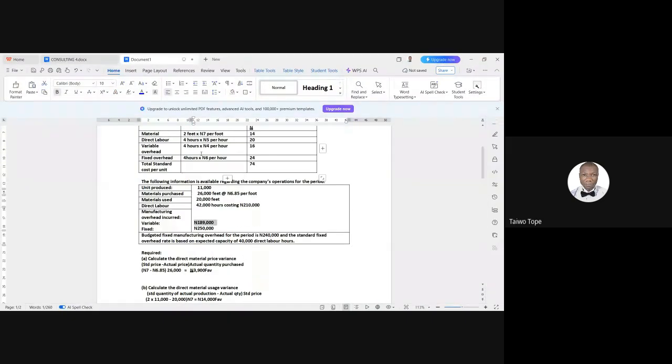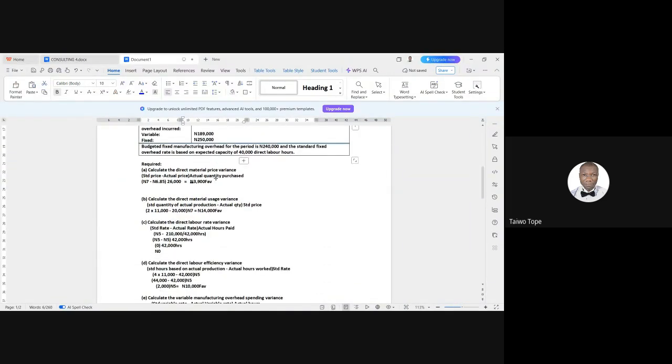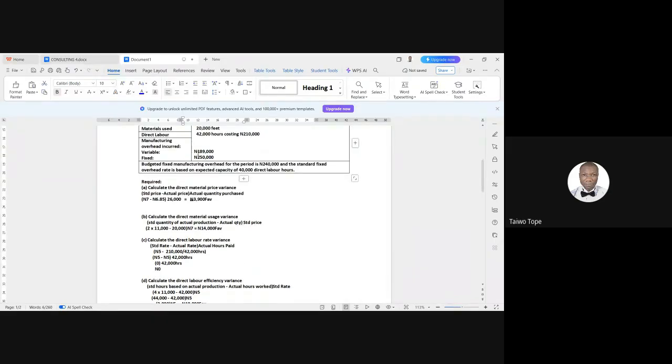The variable overhead is in terms of hours. Somebody might ask why we are making use of the 42,000 hours here. Since the actual variable rate per hour is not given, you divide 189,000 by the actual hours, which is 42,000.